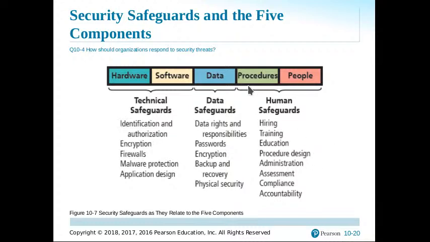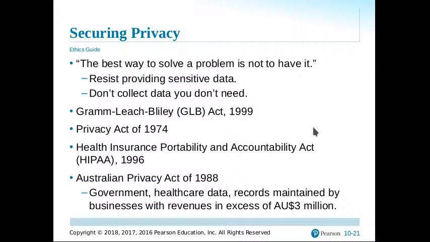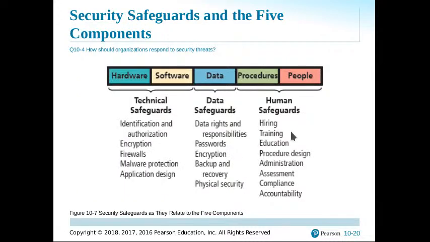At the business level, including the business procedure and people, we also follow some policies in order to make sure the system is secure. Okay, so for people, we usually care about training them, making sure they follow the business requirements when using the information system. Okay, and also make sure to hire the good people.